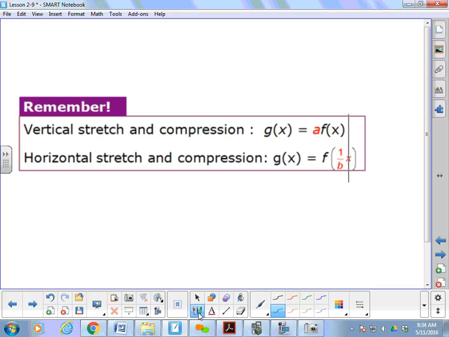So when a is greater than 1, it's a stretch. And this means that we're going to have a steeper slope.